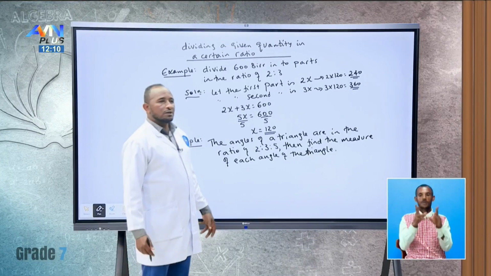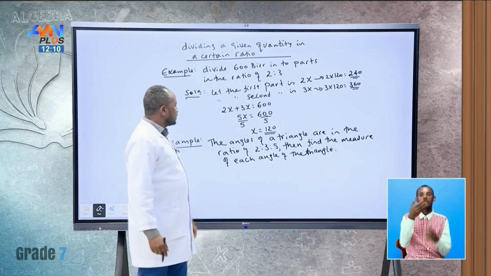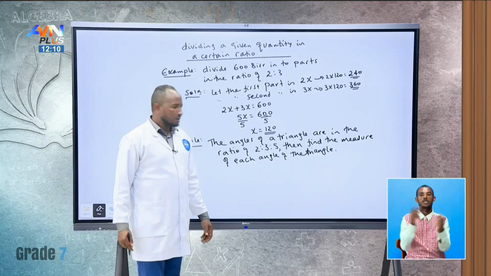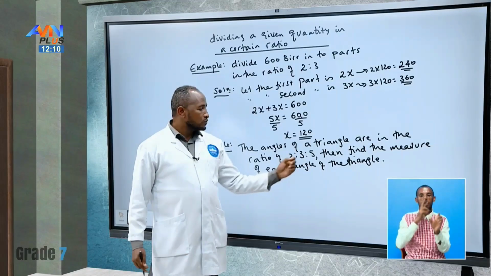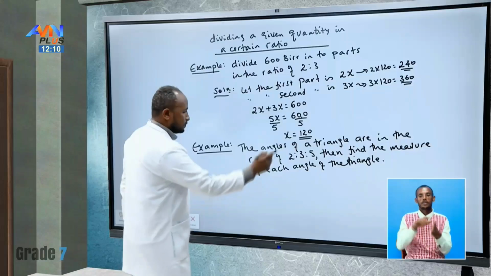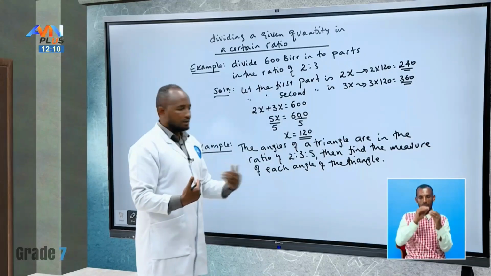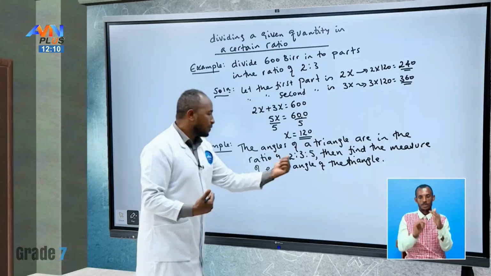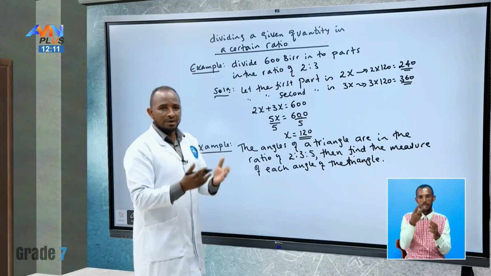Okay, students, have you tried the question? Good. Now, let's see the answer together. Here, the three angles are in the ratio of 2:3:5. Therefore, to find the original numbers, you have to multiply each by a certain number. Let's say that number be x.